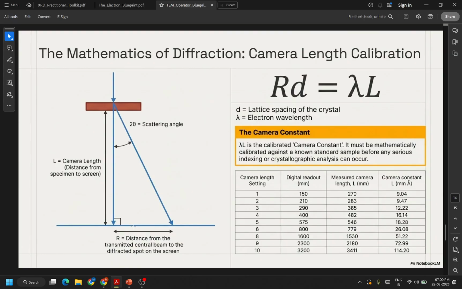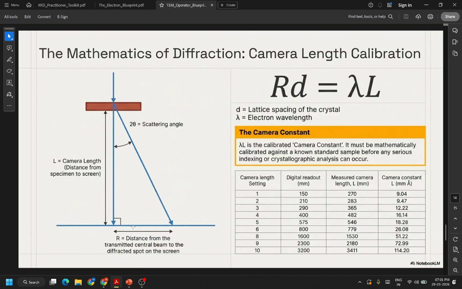So diffraction has to be calibrated by the formula Rd = λL. Here d is the lattice spacing of the crystal, R is the distance of the transmitted central beam to the diffracted spot on the screen, and L is the camera length, the distance from specimen to screen. So λL is a camera constant.